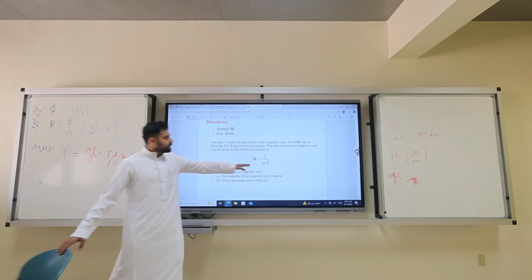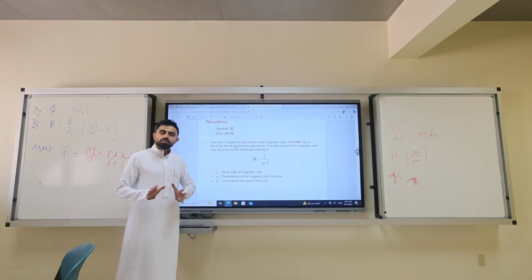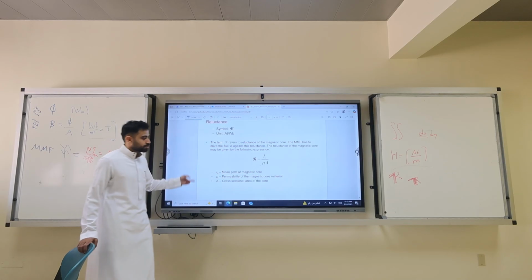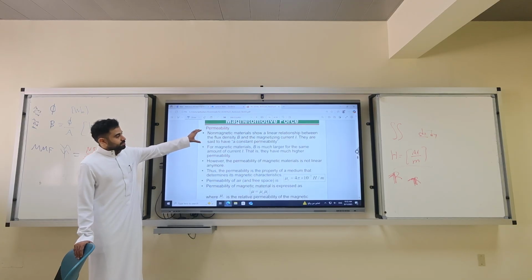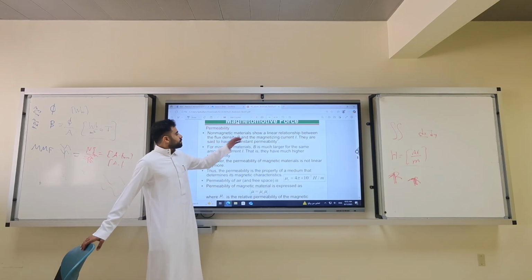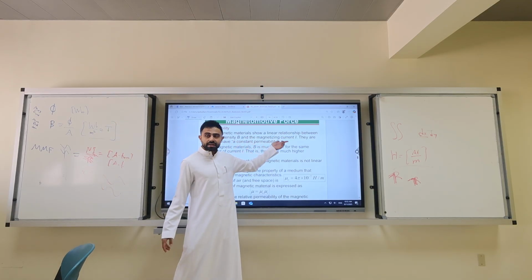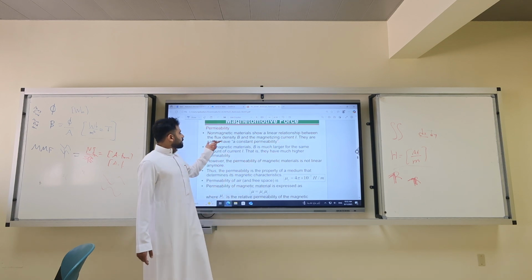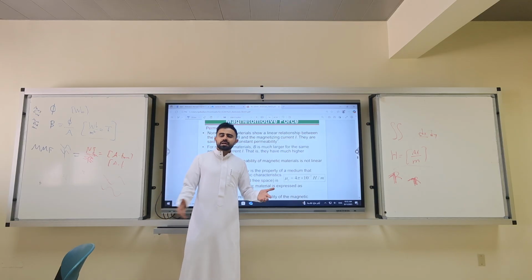What is it? Permeability. Permeability is the ability to pass a magnetic flux through the core. Now, for non-magnetic material, there is a linear relationship between flux density B and magnetizing current I. They have constant permeability. The air has a permeability.